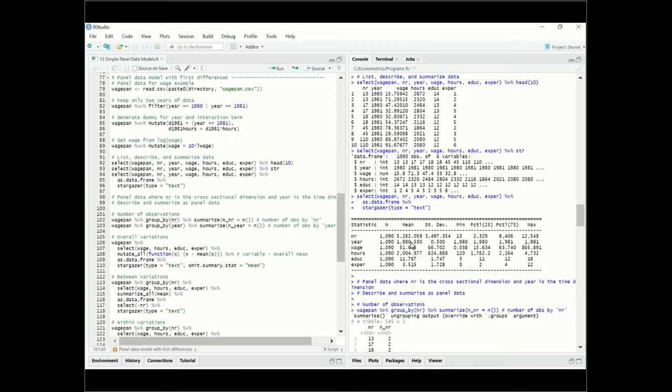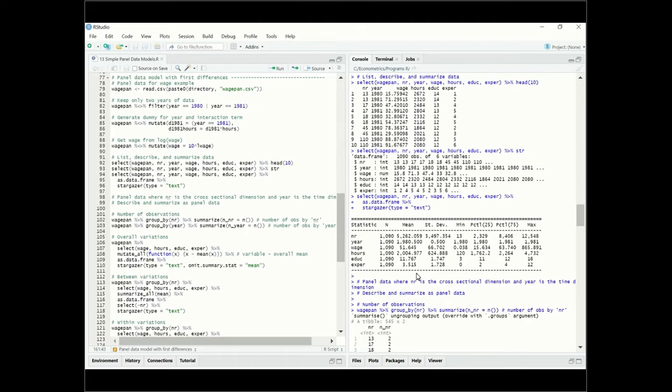Another thing is that these descriptive statistics are across the individuals and over time. So they're a mixture of the between variation from one person to the next and the within variation of how this variable changes over time for the same individual.